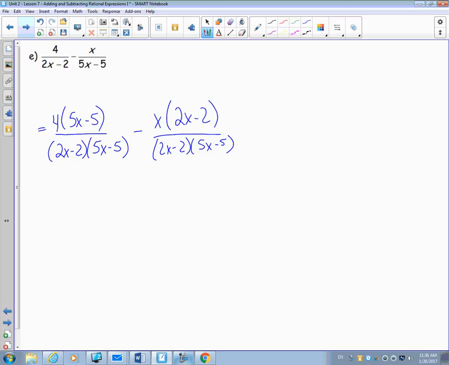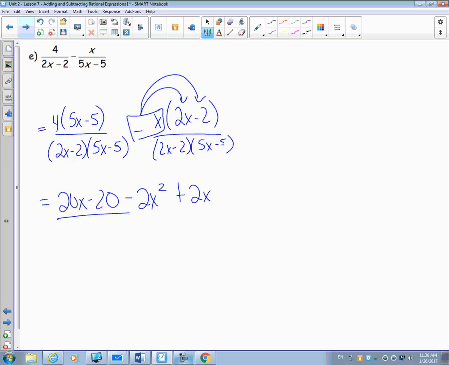We want to get this to a single fraction, so we'll expand the top. So 20x minus 20 minus, now here's where you've got to be careful. Think of this as negative x, if you will, okay? So negative 2x squared when you multiply that one, and this one plus 2x, all over 2x minus 2, 5x minus 5.